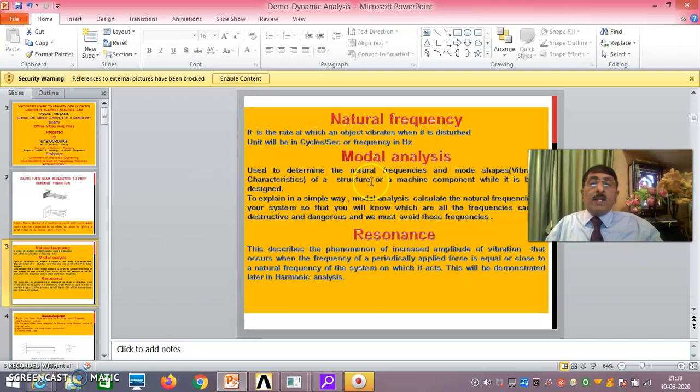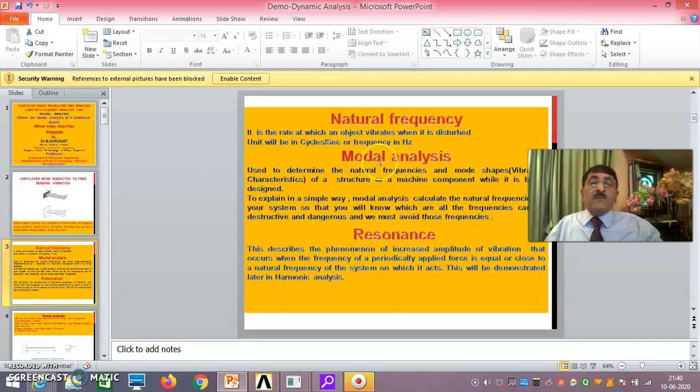Here we'll find the natural frequencies of a cantilever beam, first, second, third, and we'll prove it using Ansys also. And I told you what resonance is. When the external forcing frequency matches the natural frequency, resonance picks up and there is a massive increase in the amplitude of vibration, the stresses increase, and the structure might collapse.